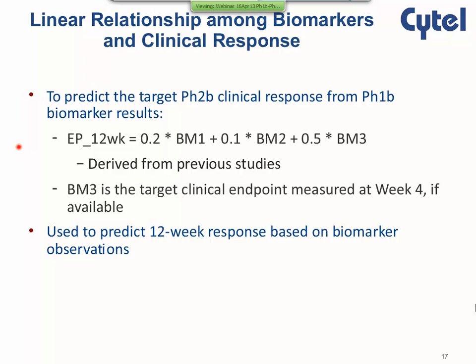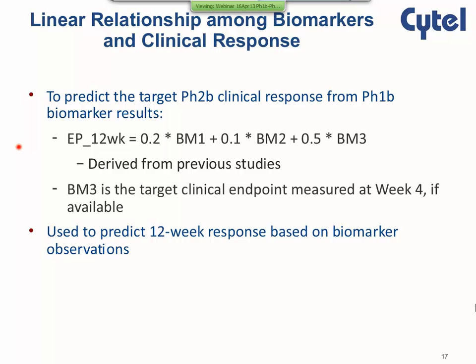And the coefficients have to come from prior data that relate the biomarker to the clinical endpoint. So this can only be used when you have prior information from either published literature or studies conducted in this disease with drugs of maybe other mechanisms and so forth. But you have to have the information to posit such relationships.